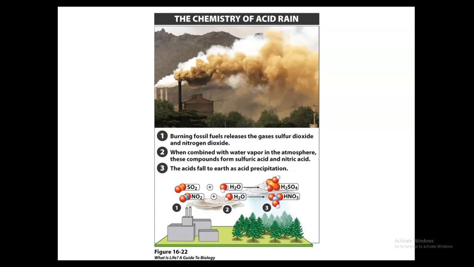Any of those fossil fuels that do this can be things such as oil, natural gas, or coal. These combine with water vapor in the atmosphere, forming compounds of sulfuric acid and nitric acid, and then the acid falls to the earth as acid precipitation. This can not just be rain as you know it, but also things like fog, sleet, and even snow.